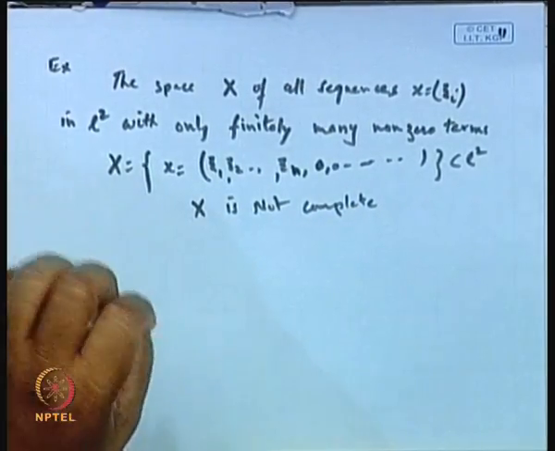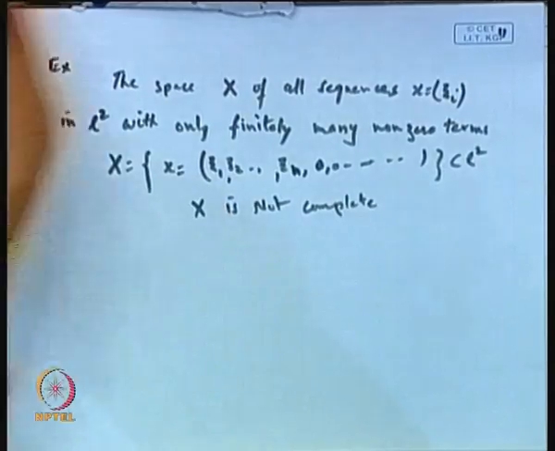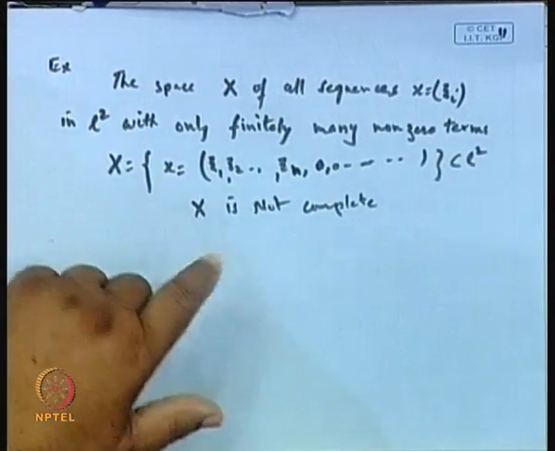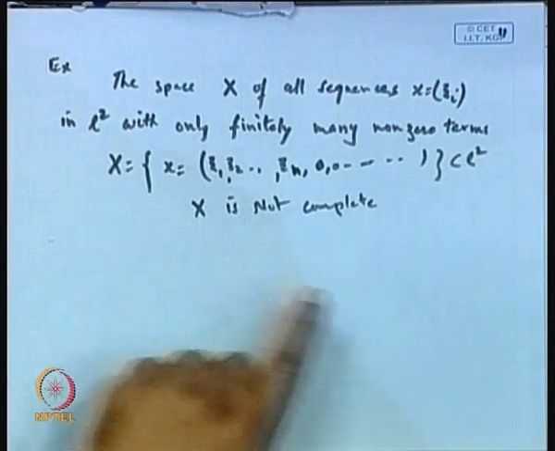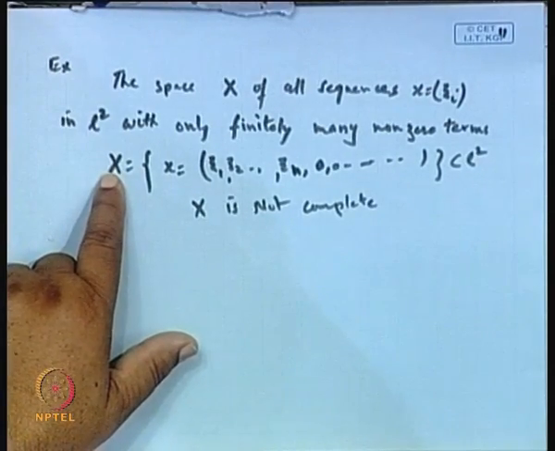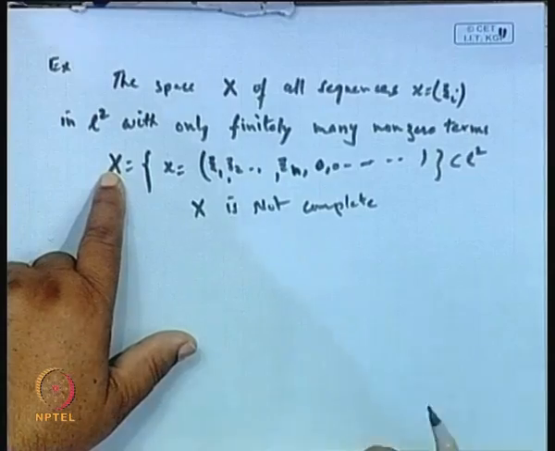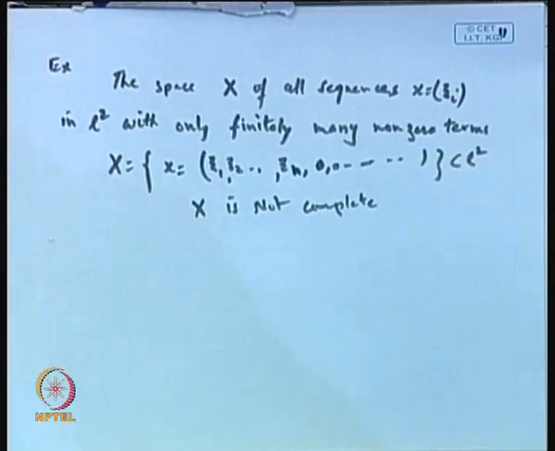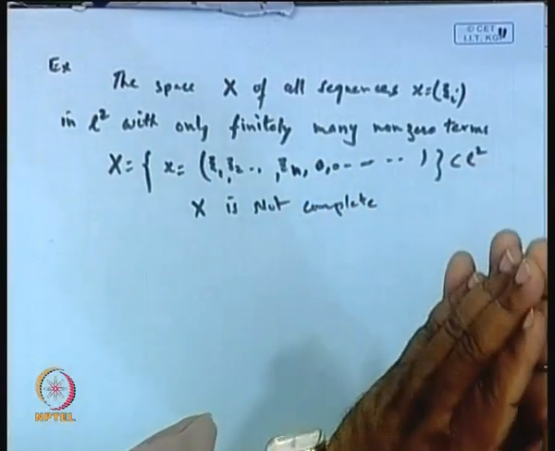When n tends to infinity, a large number of these terms are non-zero. So the limit will be a point of L2, but not a point in X, because X contains only those sequences which have a finite number of non-zero terms, and the rest are 0.